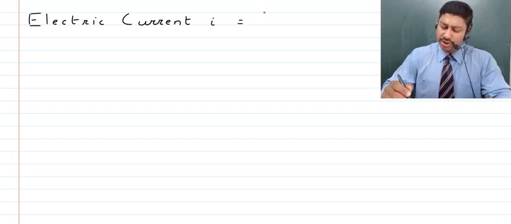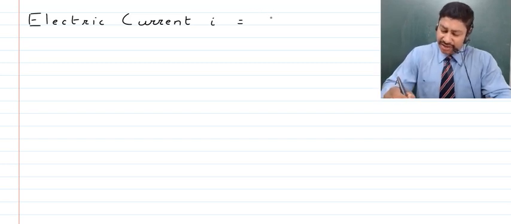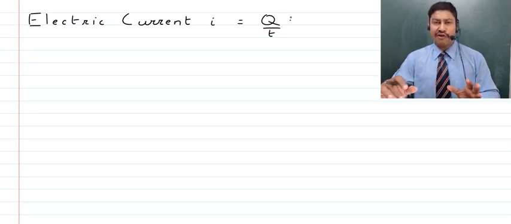Now when we talk about the rate of anything, that means we want to study it with respect to time. So here children, if we take the charge to be capital Q, and divide it by the time, this is what electric current is. Electric current is the rate of flow of charge, right?